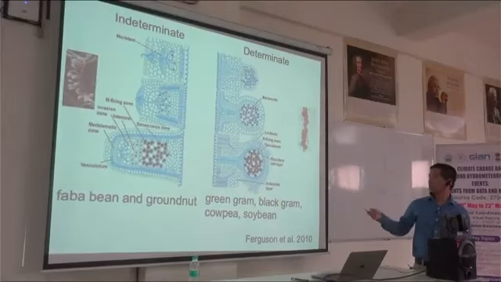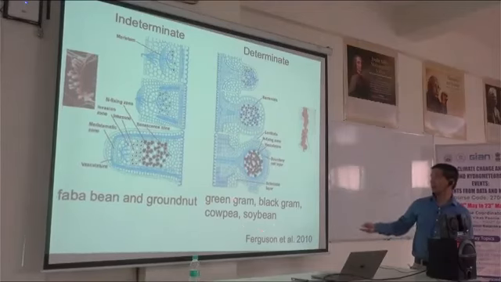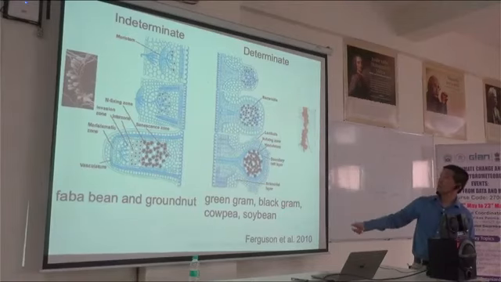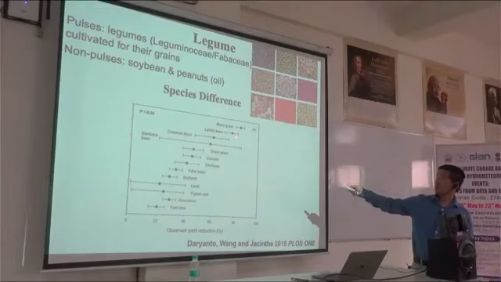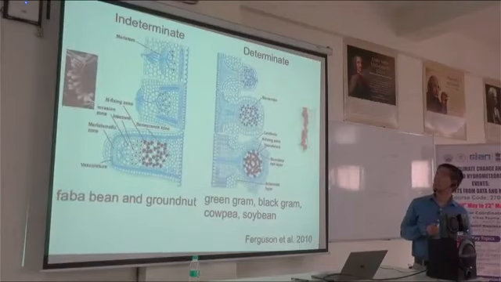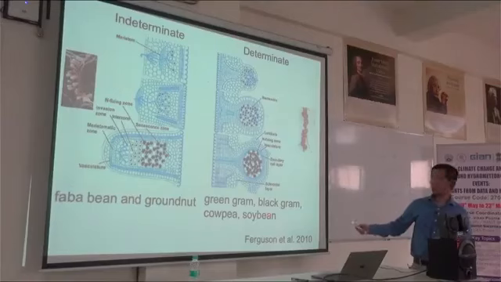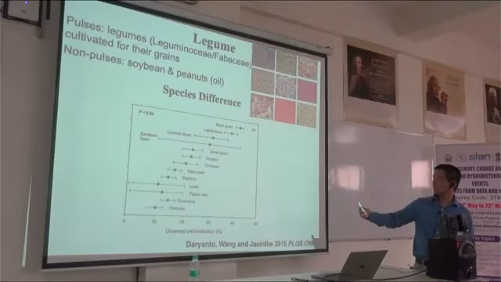So we think because of this, species like green gram and black gram, the determinate type, are very sensitive to drought conditions. That's our thinking for this sensitivity. But soybean also belongs to this group, and soybean is actually not that bad.